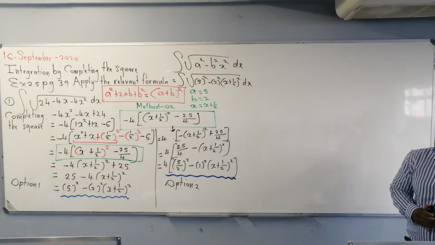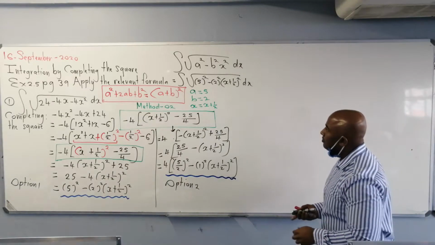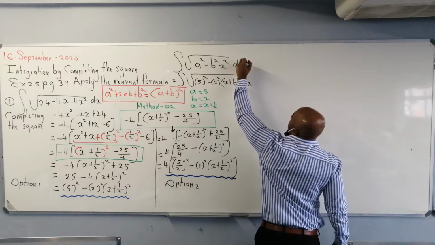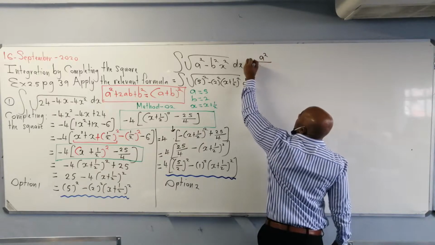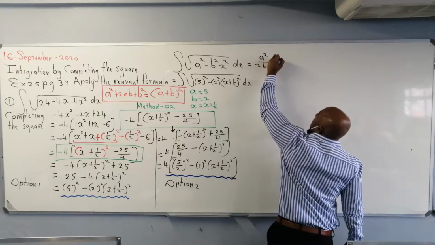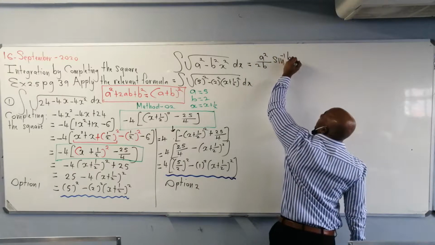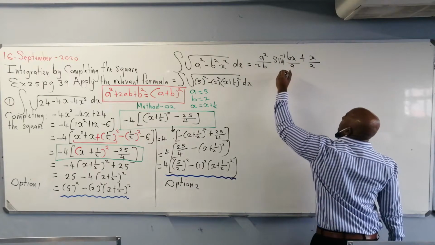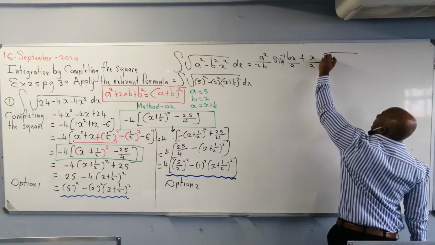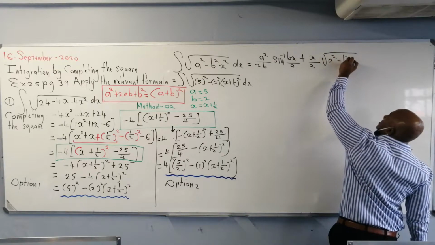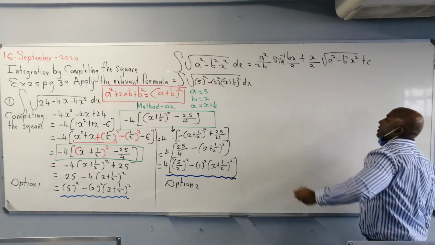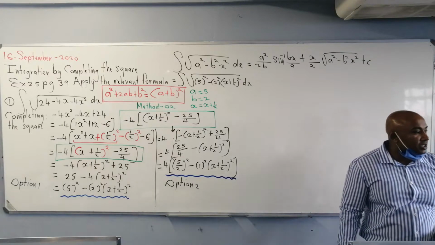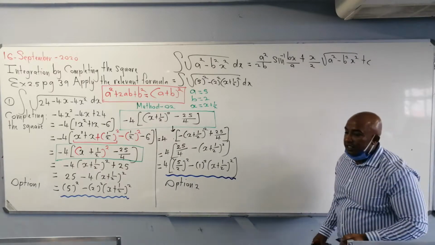That is option number 1. So the formula here is a squared over 2b times inverse sine bx over a plus x over 2 times the square root of a squared minus b squared x squared plus c. That is a formula that you see on your formula sheet.